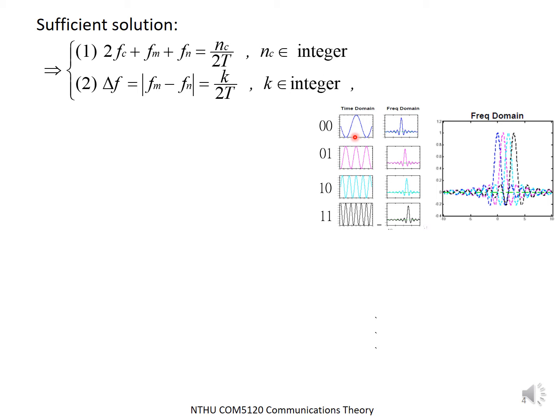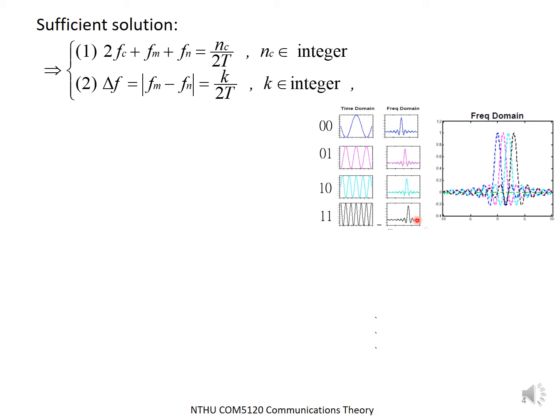The Fourier transform of this carrier would be a sinc function located at the carrier frequency, these f1, f2, f3, and f4, four different carrier frequencies.